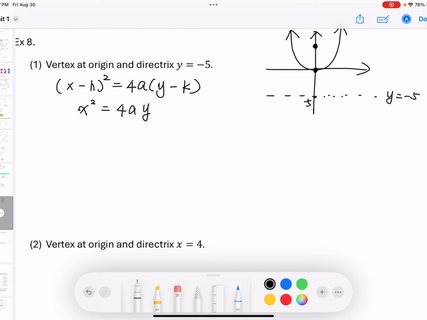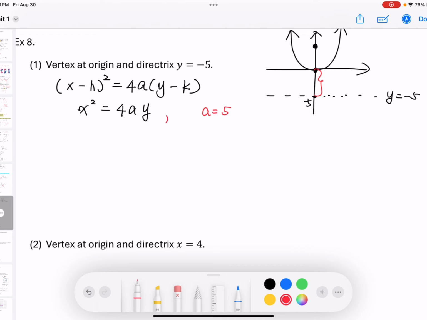What is the a? The absolute value of a is the distance from my vertex to the directrix, which is 5. So a is equal to 5, and since it opens upward, a must be positive 5.